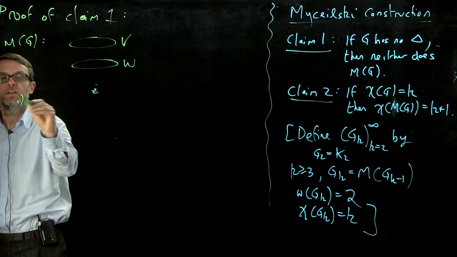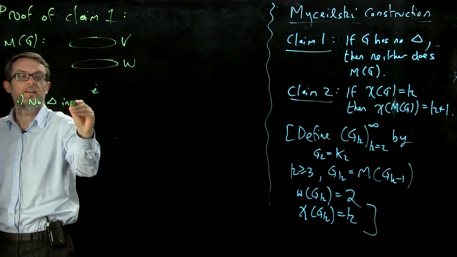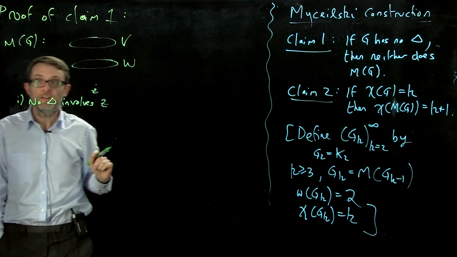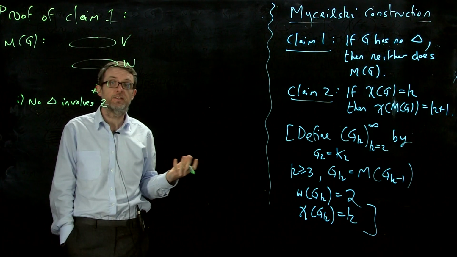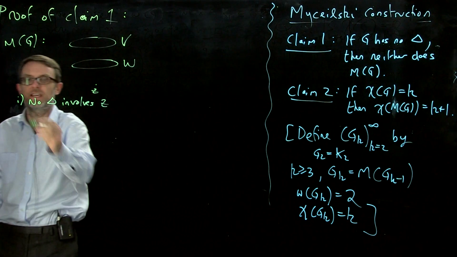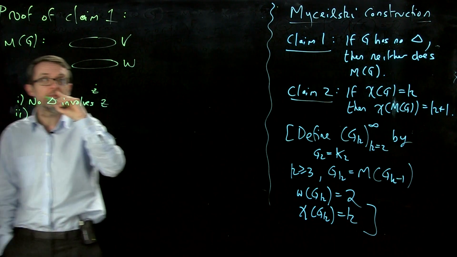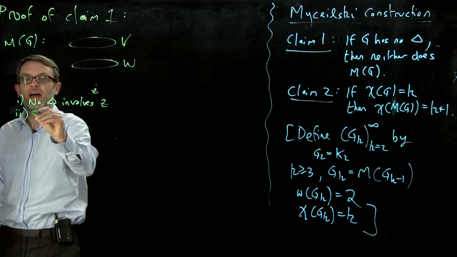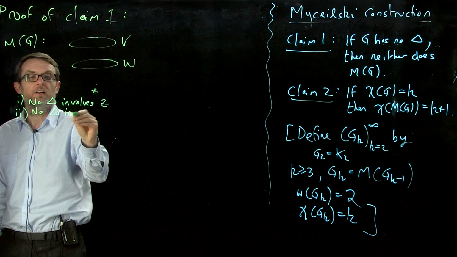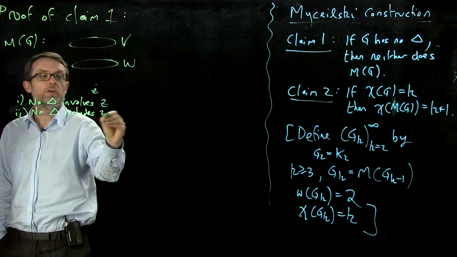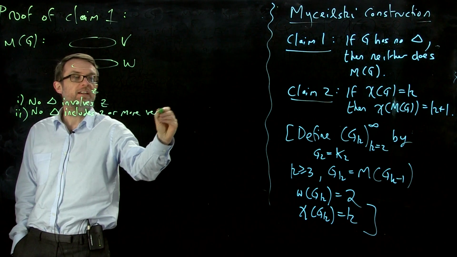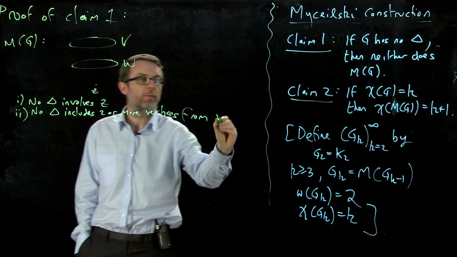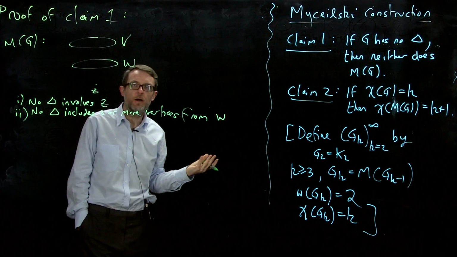So first observation is that no triangle involves Z, because Z is adjacent only to things in W, and there are no edges between things in W. So we just can't get a triangle involving Z. The second observation, also based on the fact that there are no edges between any two things in W, is that no triangle includes 2 or more vertices from W, because any 2 vertices in W are non-adjacent.